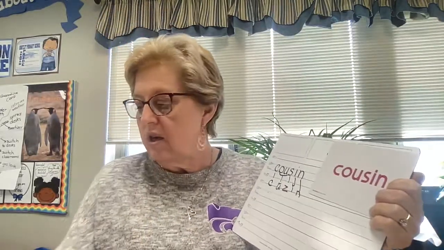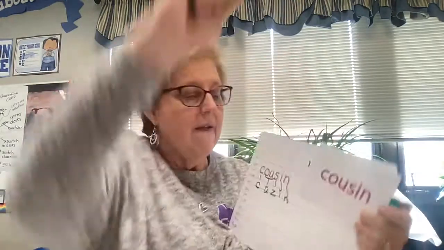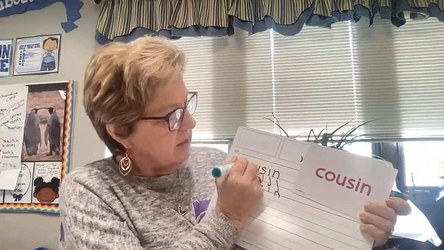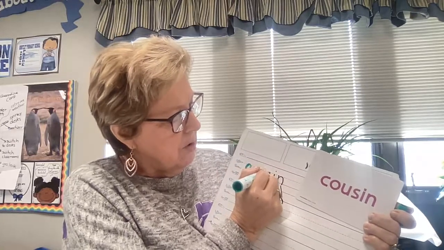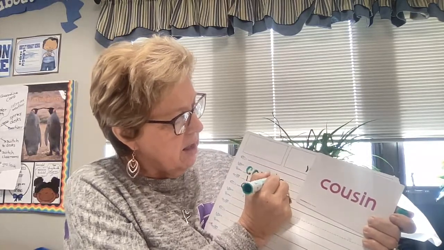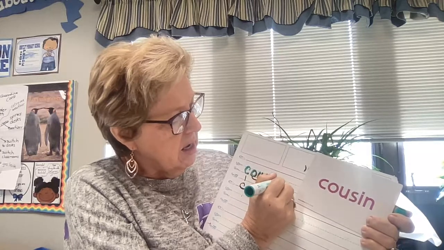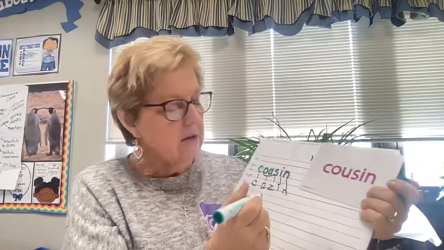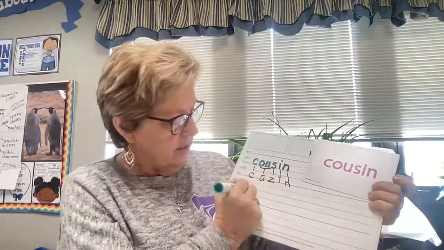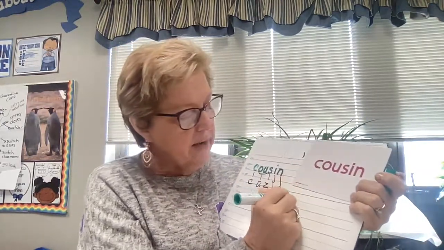All right, now let's trace it in a different color. Cousin. C, say the letters. OUSIN. Cousin. All right, now let's write it 2 more times. Cousin.